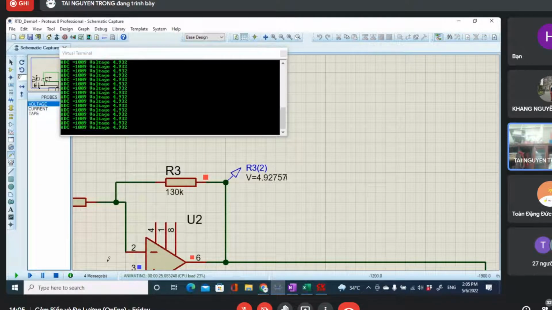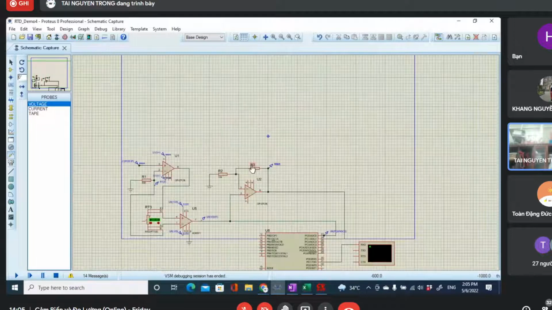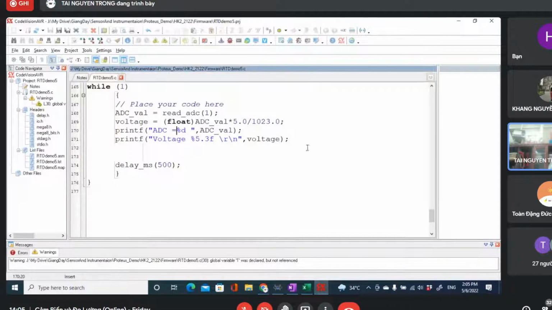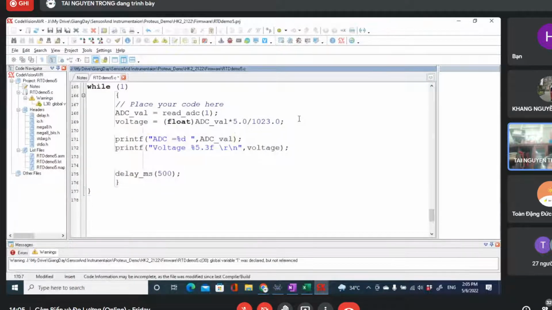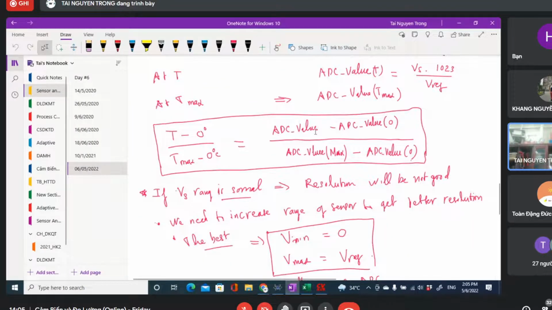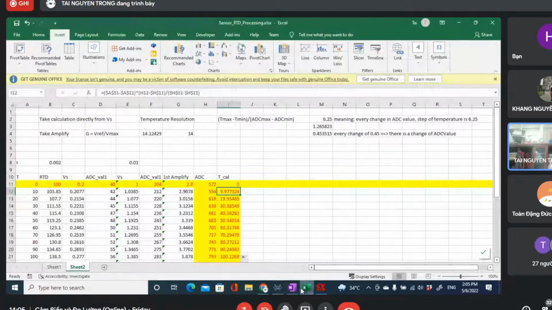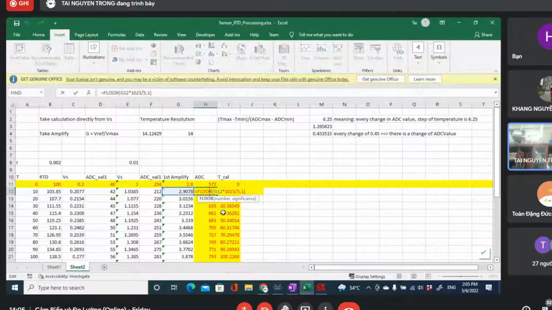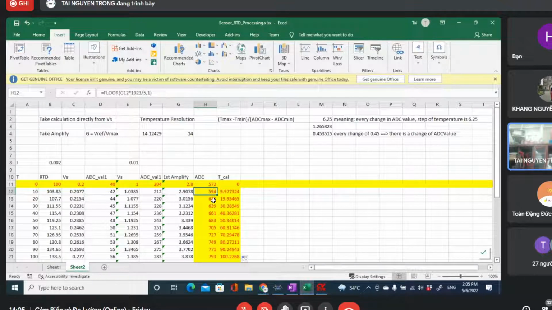Okay, and then we take a calculation for temperature. Then we can take this value IDC. IDC minus IDC means we can consider here this value. This value that is the minimum, 572.